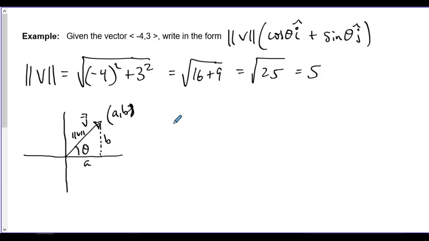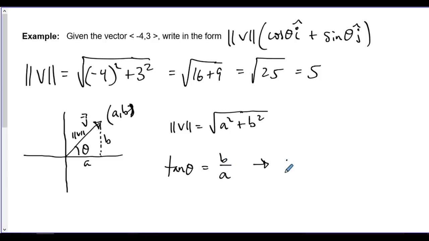I could say the magnitude of v is the square root of a squared plus b squared. And then to get the angle, I could start with the tangent of theta is the opposite over the adjacent. And from there I could find theta as the tan inverse.